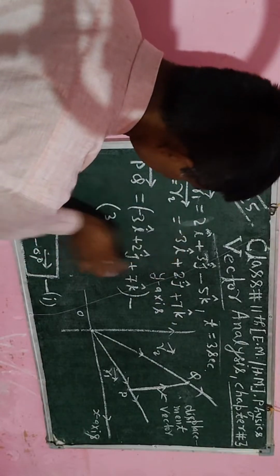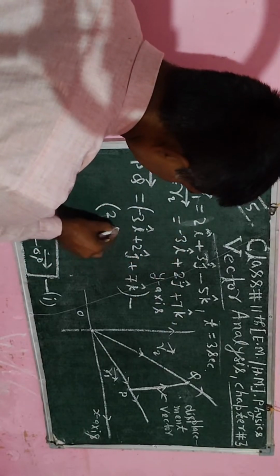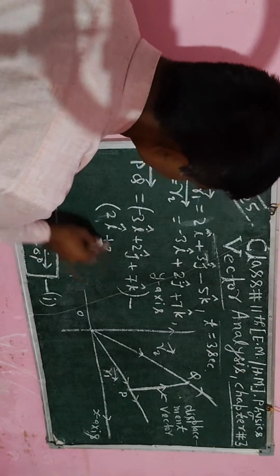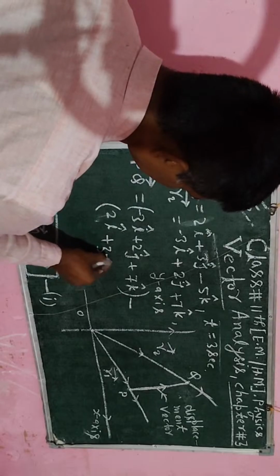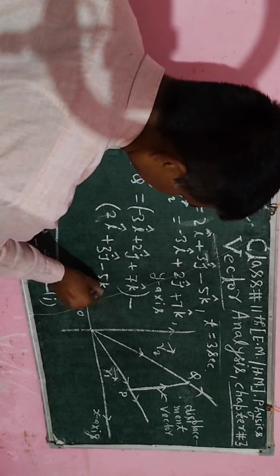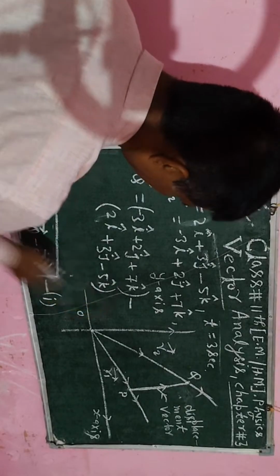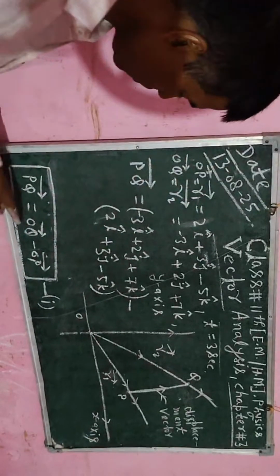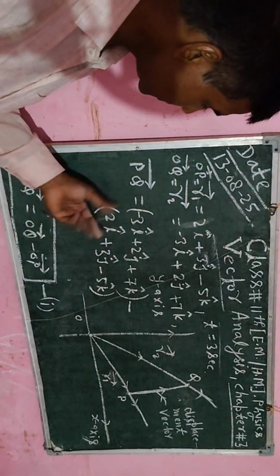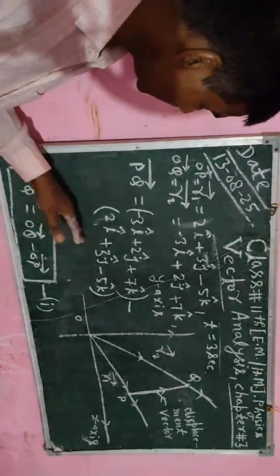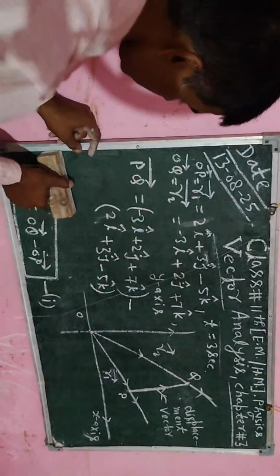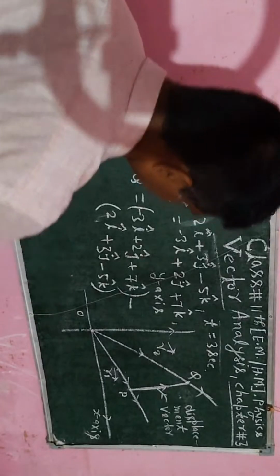So I will write here 2 vector I cap plus 3 vector j cap minus 5 vector k cap. So the values of vector OQ and OP I have substituted here, and after substituting I will simplify. After simplifying I will get the value of the vector. Okay, now I am going to erase the data.